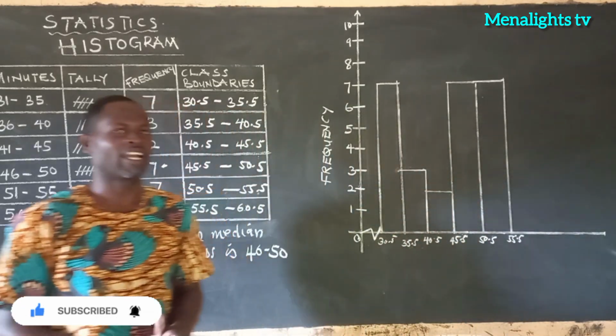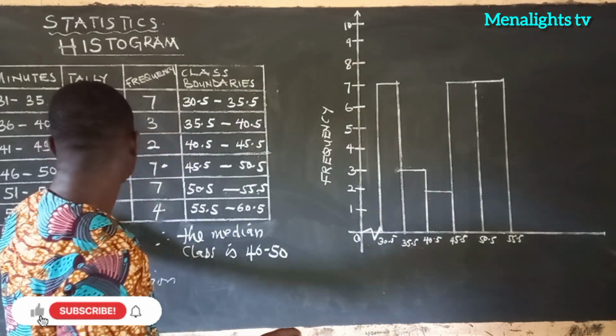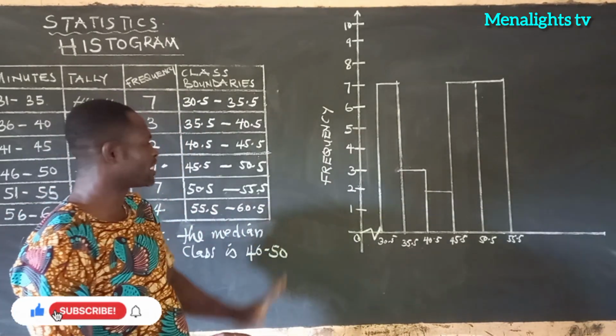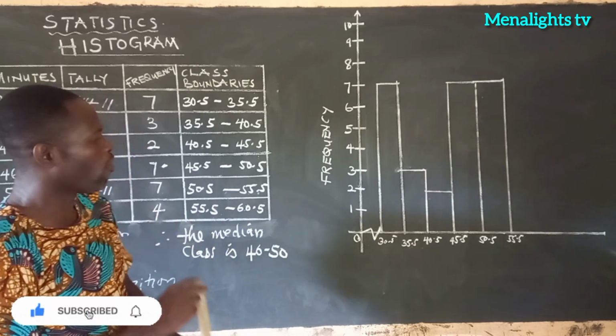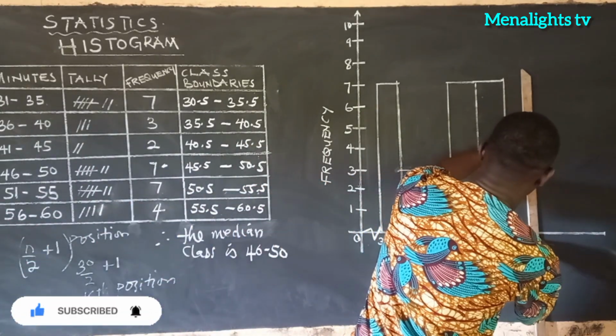So you have a 55.5 there. So the next one is 55.5 to 60.5. We have 4. So you draw it up to where we can locate 4.